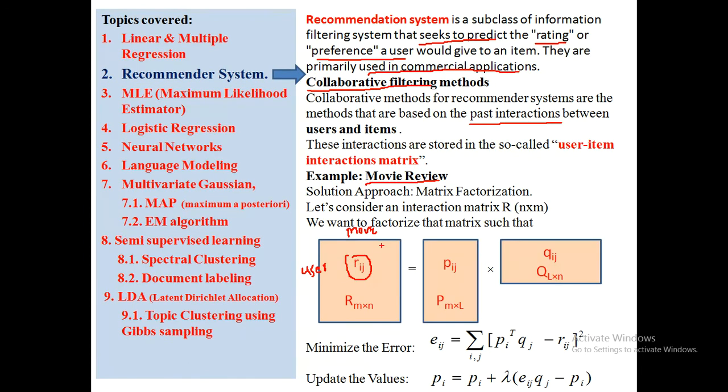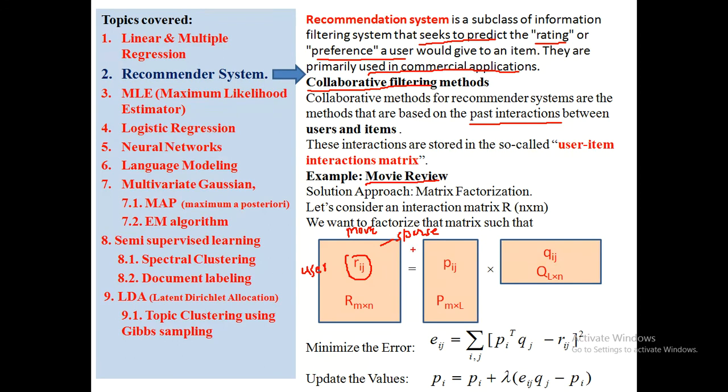Now this matrix may be a very sparse matrix. So doing the comparison between two users or two different movies may not be very promising.